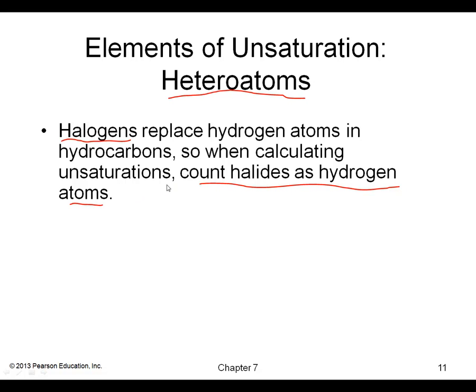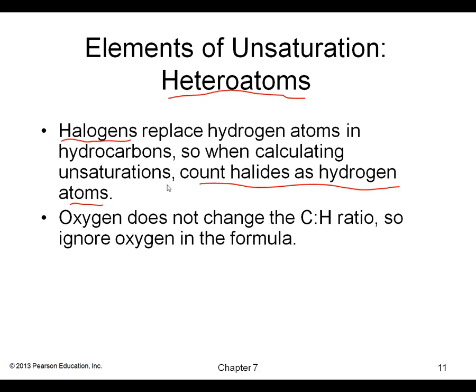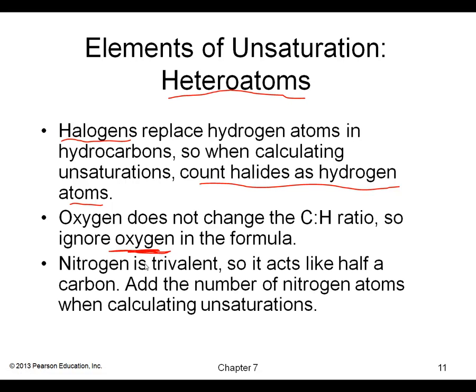So they make that correlation. Oxygen does not change the ratio, so oxygen count does nothing to that. And nitrogen, since it's trivalent, will actually have an extra hydrogen. So we want to add the number of nitrogen atoms when calculating unsaturation.